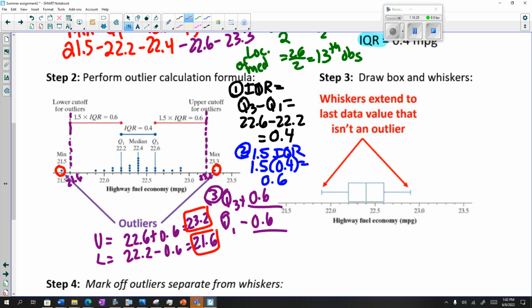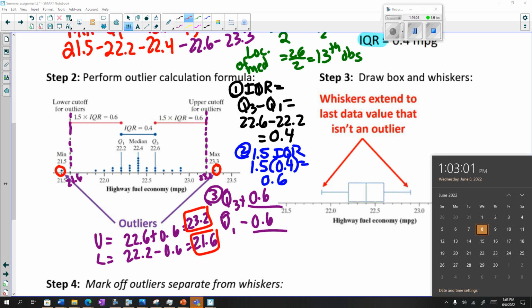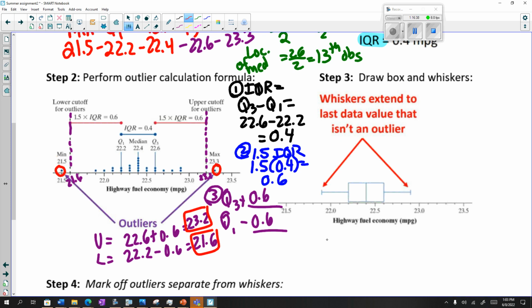Okay, so now it says draw the box and whiskers. So we extend to the last data value that is not an outlier. So we have not our minimum yet. Here's Q1, here's the median, here's Q3. So we have them up above: 22.2 here, median 22.4, 22.6 for our Q3.